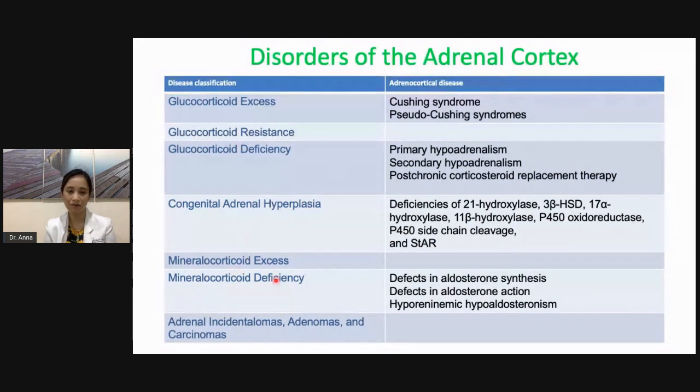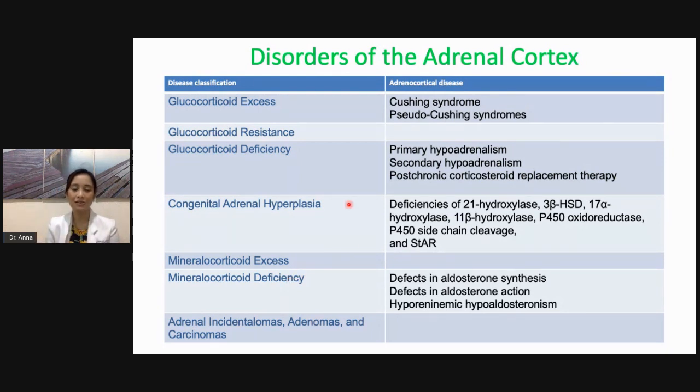And of course, you have mineralocorticoid excess, mineralocorticoid deficiencies, and masses, of course, your tumors. That's your adrenal incidentalomas, adenomas, and carcinomas. So that's an overview of all the disorders of the adrenal cortex. It pretty much follows the pattern of endocrine disorders as well.